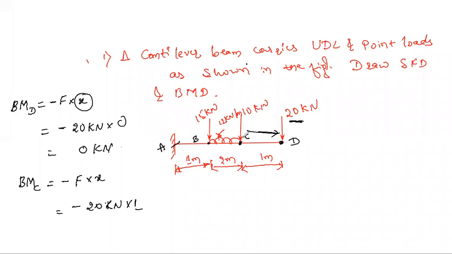Apart from this, we have this force of 10 kilonewton, but it is at this point, so the distance is 0. So you will get the answer minus 20 kilonewton meter. Make sure it is meter, because bending moment is force into distance. Kilonewton meter. Clear?